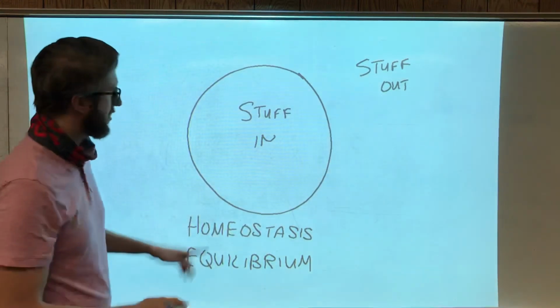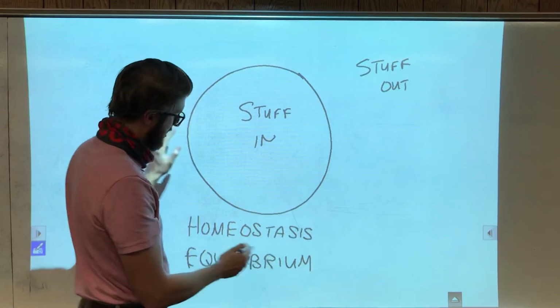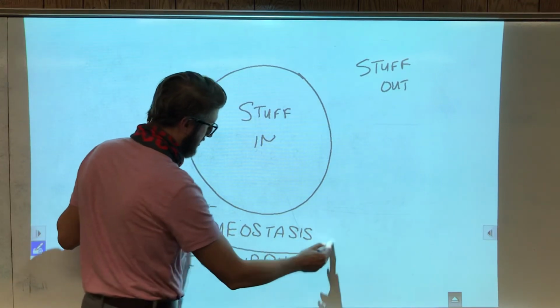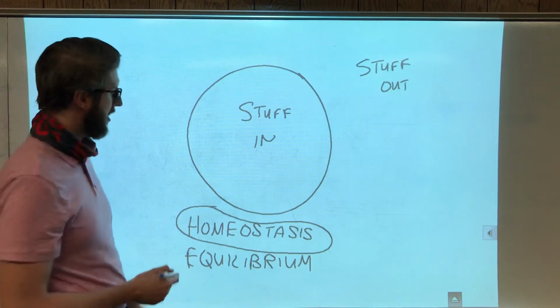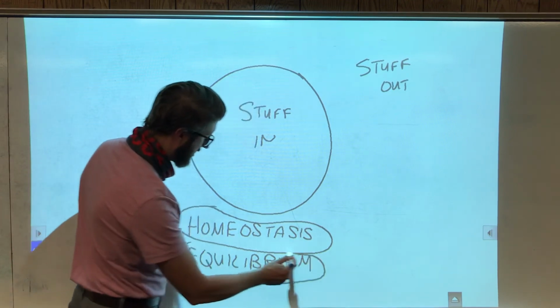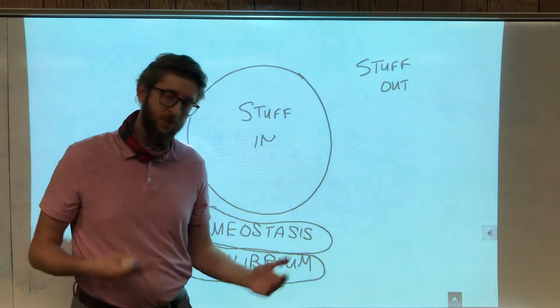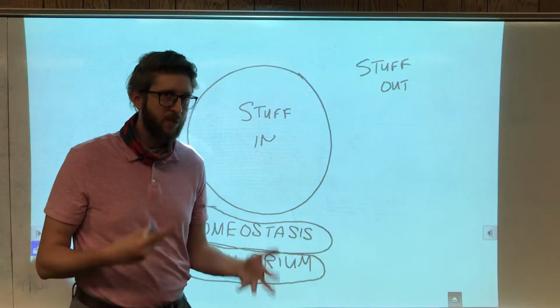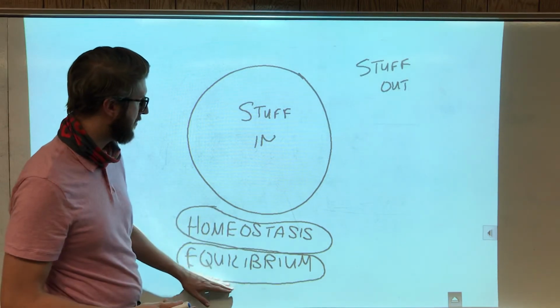Okay, so when the cell is happy, it's called being in homeostasis. It has a stable environment. And when it has the same amount of stuff outside the cell as inside the cell, that's called being in equilibrium. The two aren't always the same, but just know the difference between the two.